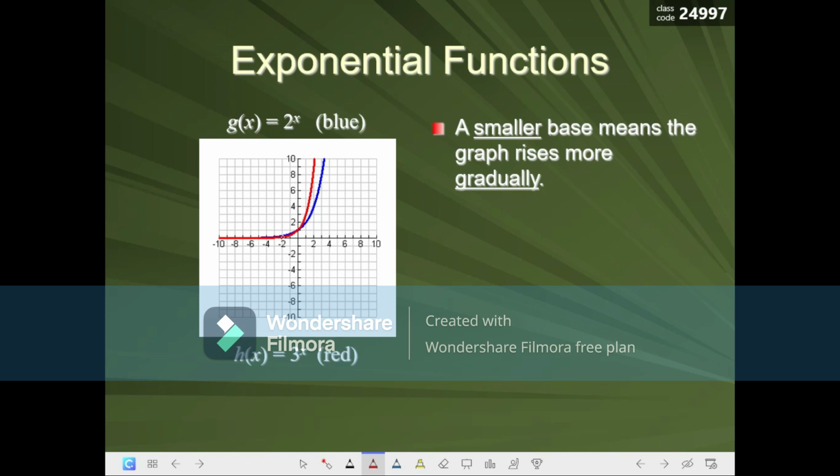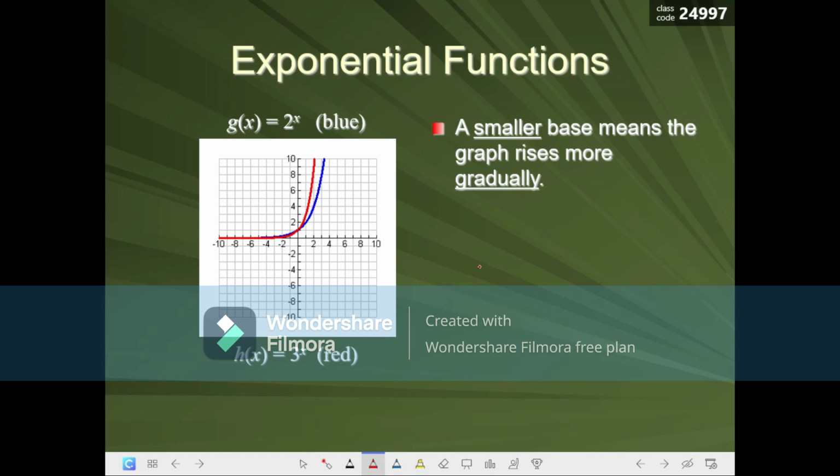Remember that the red one is 3 to the power of x, so it rises quicker compared to the function g of x equals 2 to the power of x.